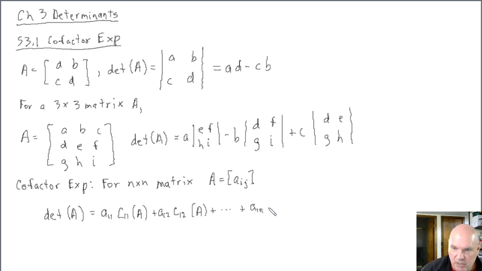The final term in the sum is a_1n, the last term in the first row, times the corresponding cofactor of that term.